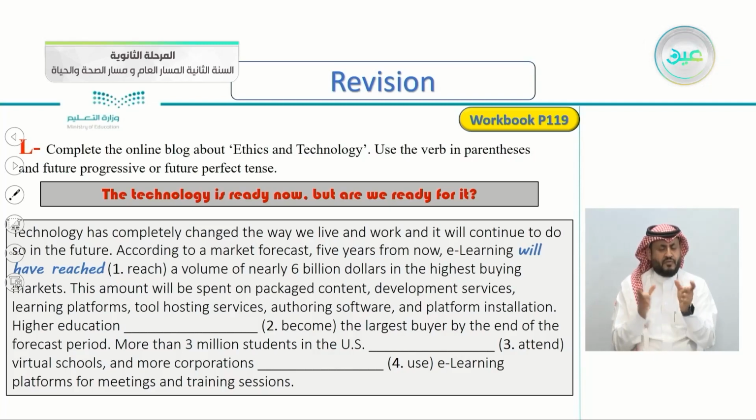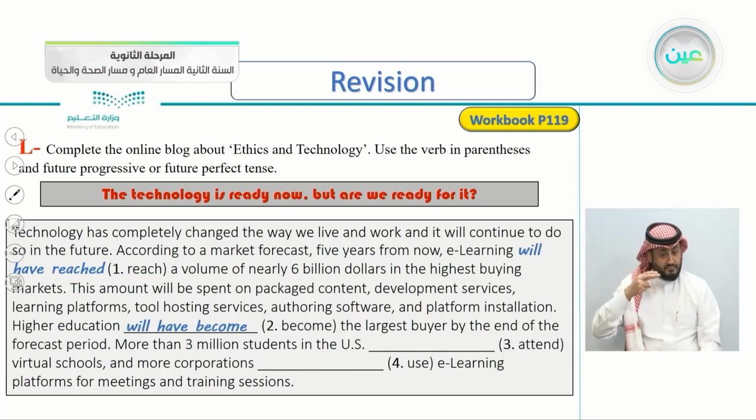And the verb here is become. So, do we use the future progressive, the future perfect? What to do here? So let's see the correct answer here. Will have become. So we use the future perfect. Will have become the largest buyer by the end of the forecast period.